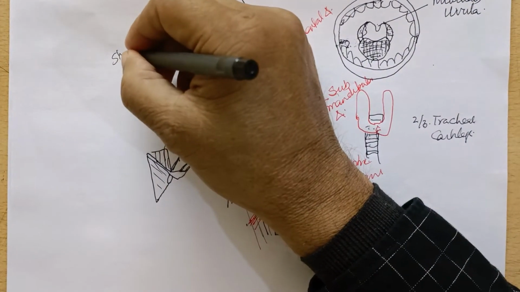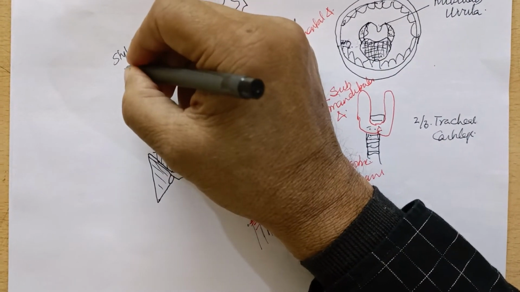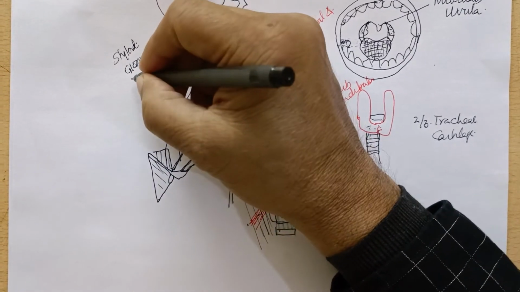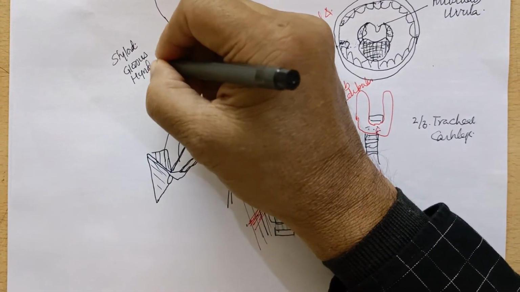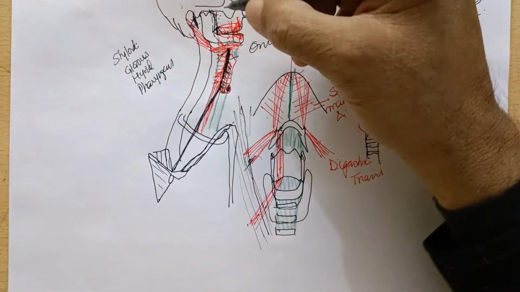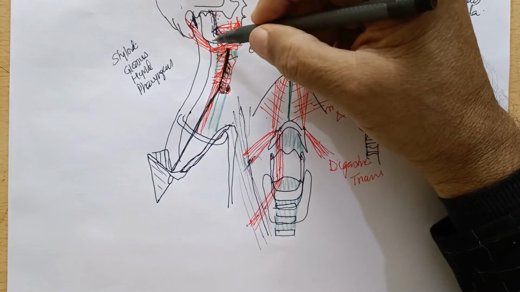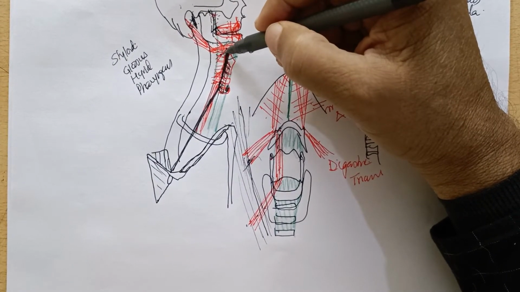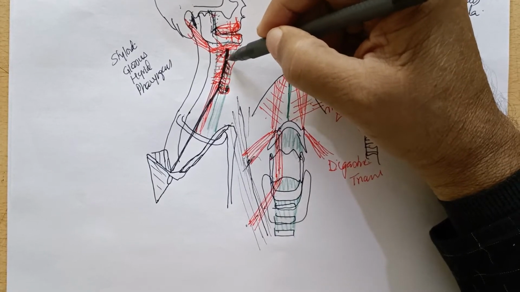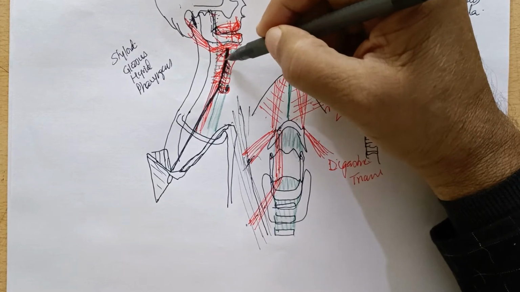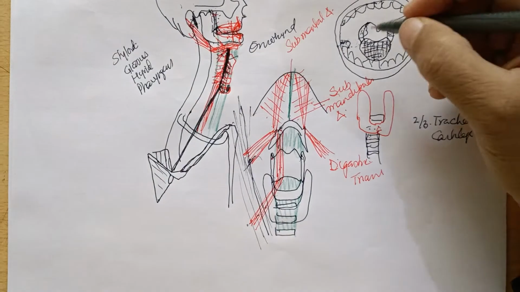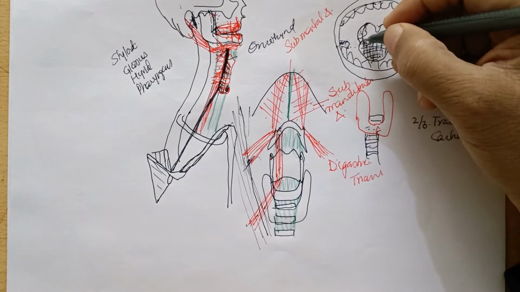So from the styloid you have one going to the tongue, glossus, the other going to the hyoid, and the third going to the pharynx, and this pharyngeus passes between the superior, the middle and the inferior constrictor to get inserted into the cornua of the thyroid.